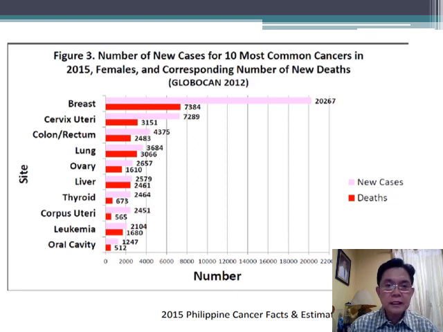So it is less lethal than maybe your cervical cancer, but because of the number of cervical cancer cases, it might have more deaths. But if you consider the proportion of ovarian cancer cases and the deaths associated with it, actually ovarian cancer is more lethal than your cervical cancer or endometrial cancer.